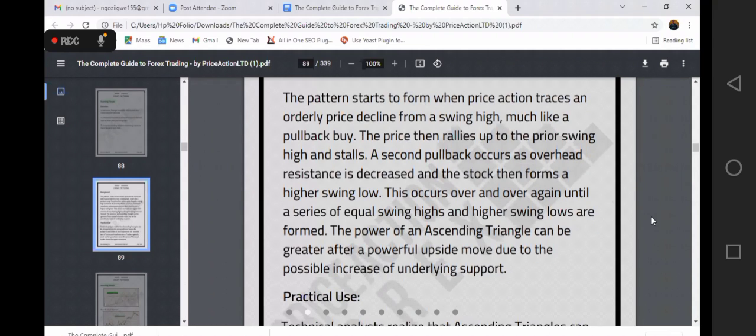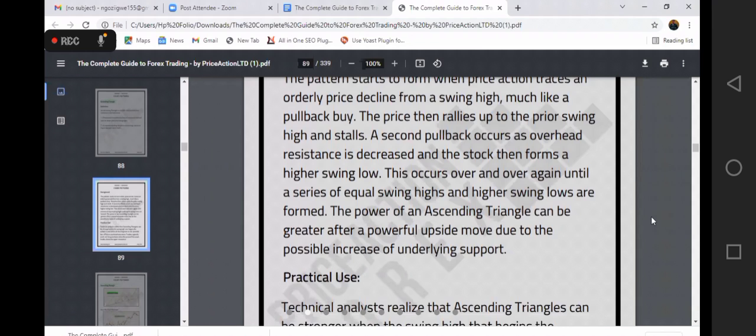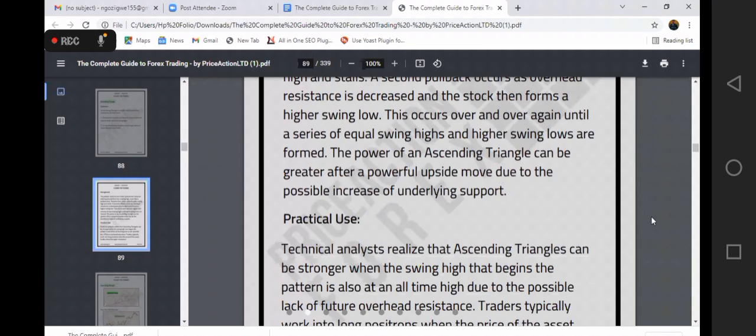What they mean is until the highs are equal. That is why your resistance trend line is horizontal. The highs are equal. Then the power of an ascending triangle can be greater after a powerful upside move due to the possible increase of underlying support. Practical use.